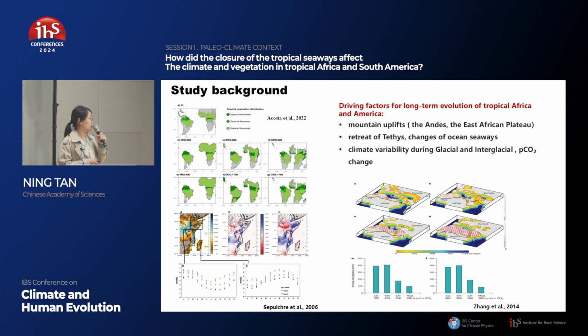And also, Zhongshi has investigated the retreat of Paratethys on the Sahara formation and revealed that it is very critical and triggered the Sahara Desert formation in the last 7 million years. So these are very important longer-term evolutions of the tectonic plates and the climate change.